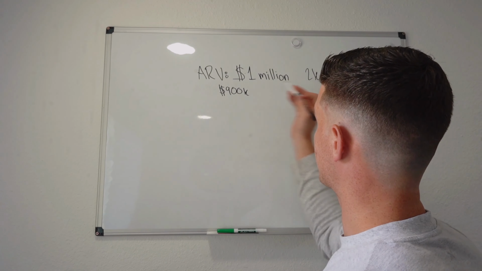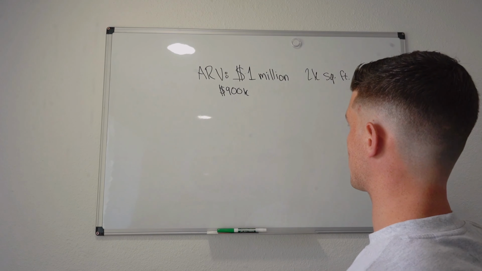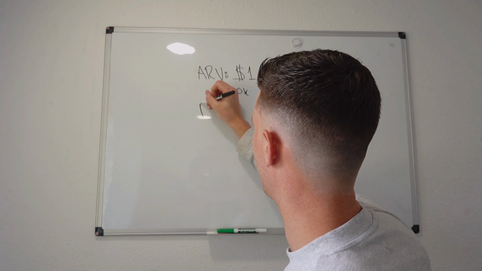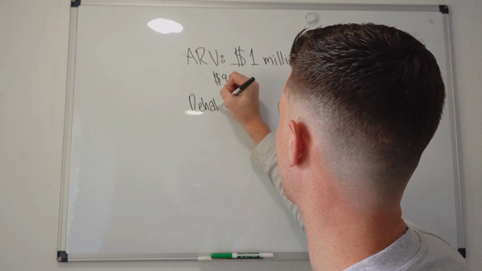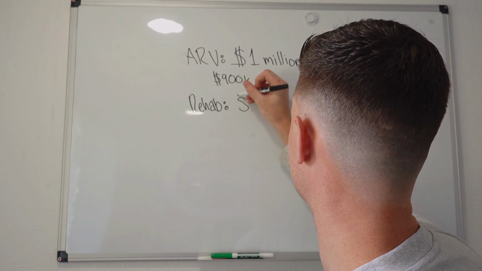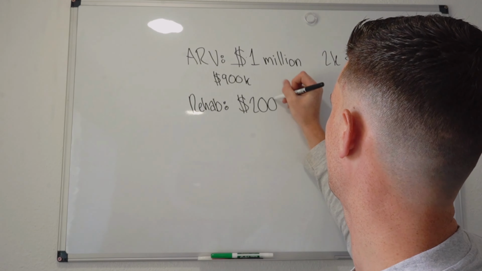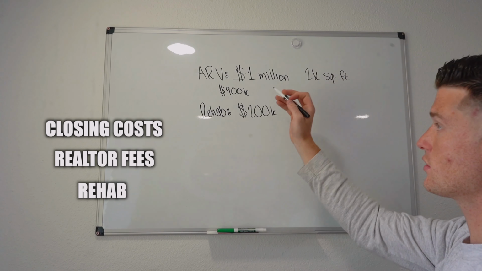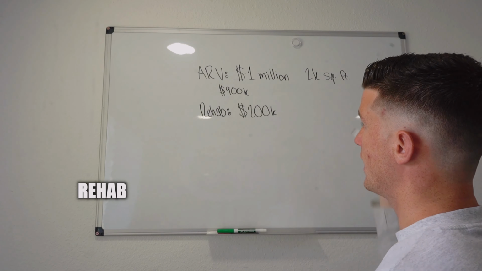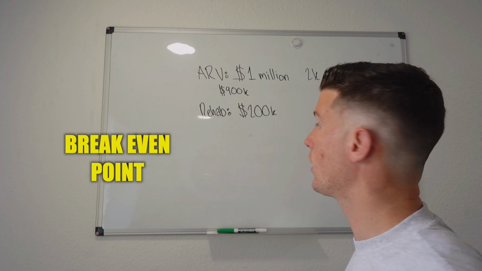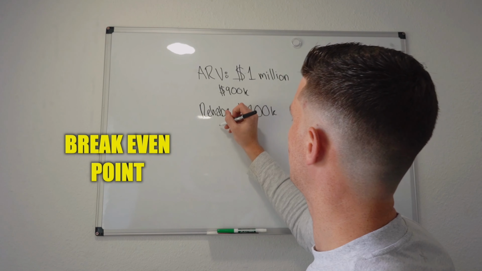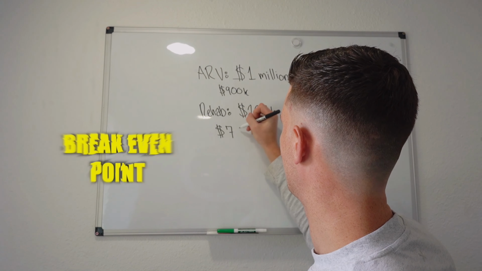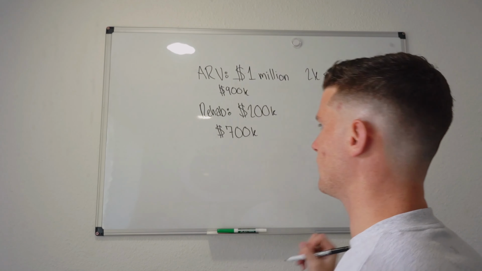So with that being said, $100 times 2,000 is going to be a rehab of 200K. So after the closing costs, realtor fees, and rehab, the break-even point on this property is going to be 700K. 700K break even.